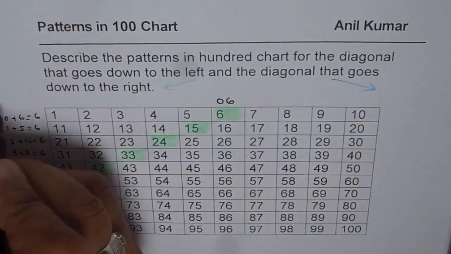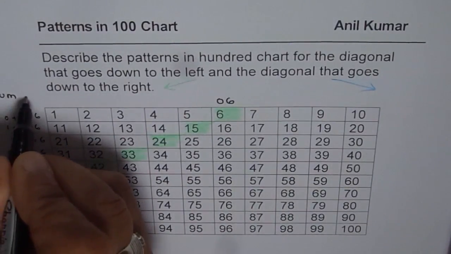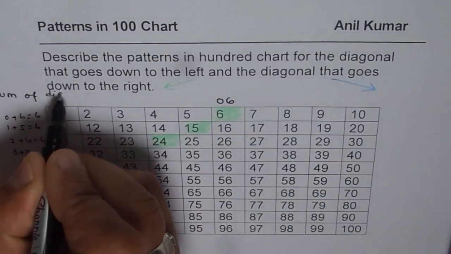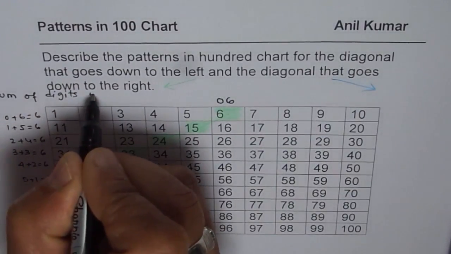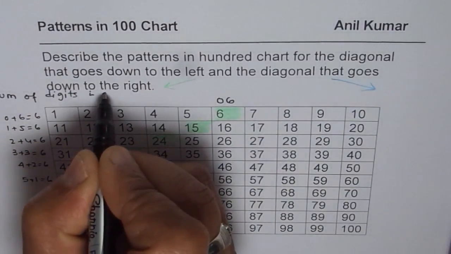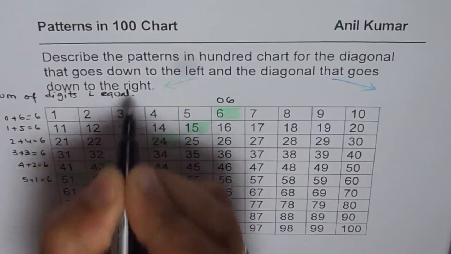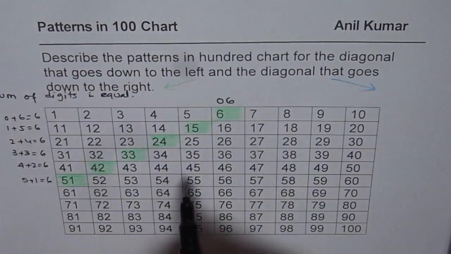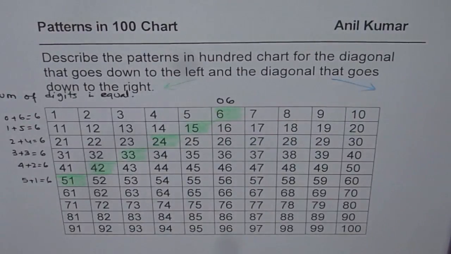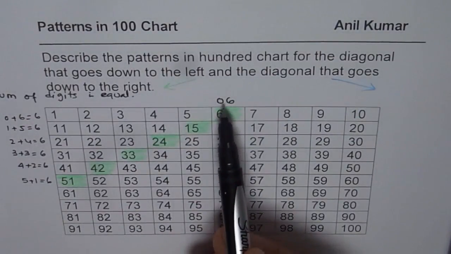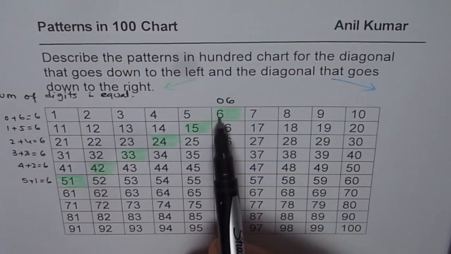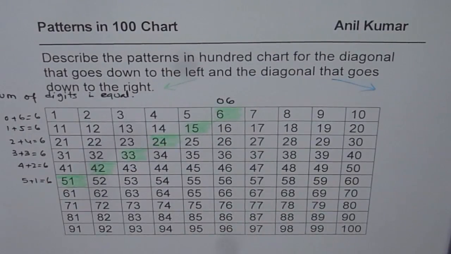So in this case, sum of digits is equal, right? You can say same or equal. In this case, it is equal to 6. Do you see that? And also, you can write about how ones and tens place is changing, right? So both the things you need to write.